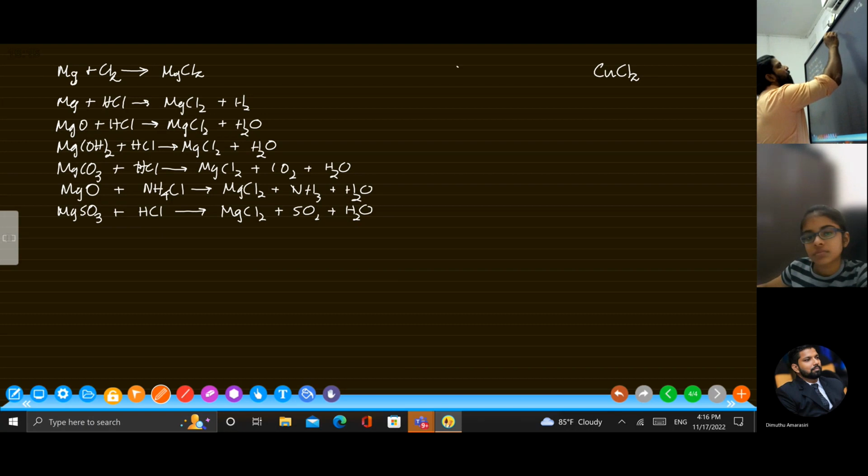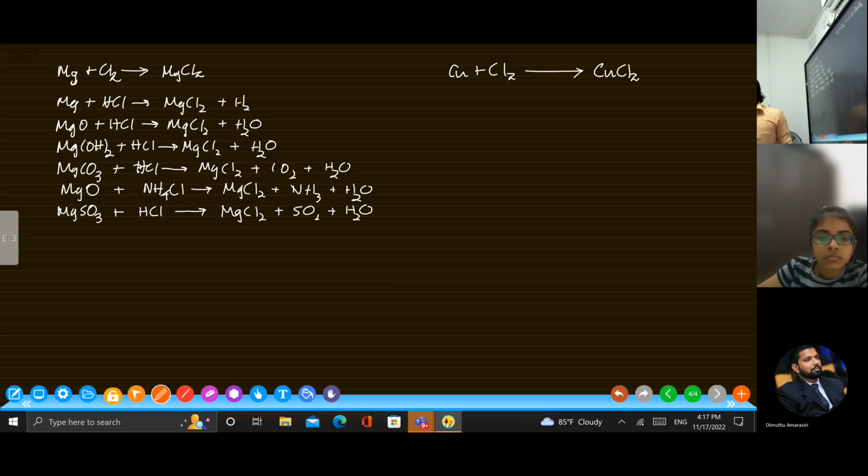Copper plus chlorine: acceptable, a metal and non-metal reaction. Copper(II) chloride.